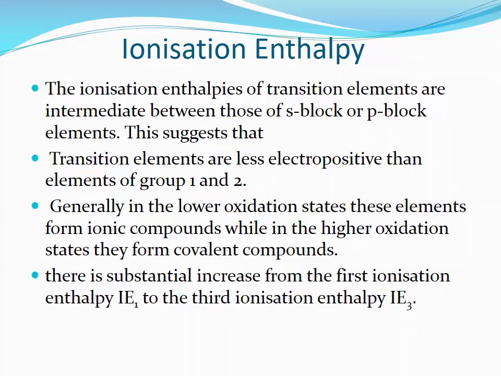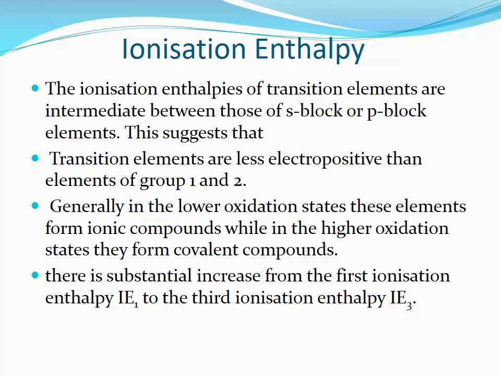Now we are going to see ionization enthalpy. Ionization enthalpy is nothing but the energy required to remove the outermost valence electron from its free gaseous atom. Ionization enthalpies of transition elements are intermediate between those of s block and p block elements.